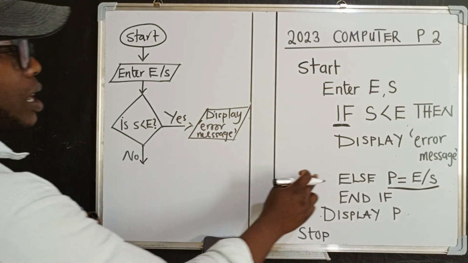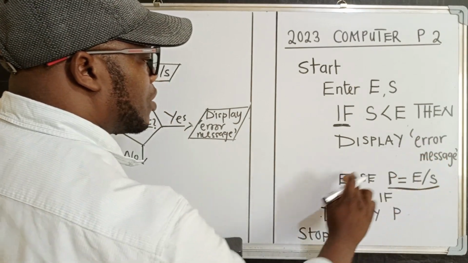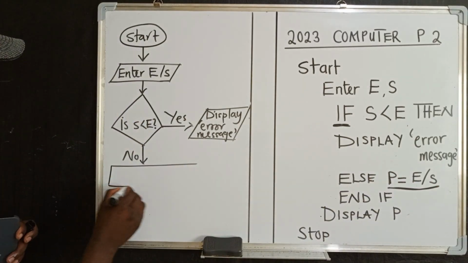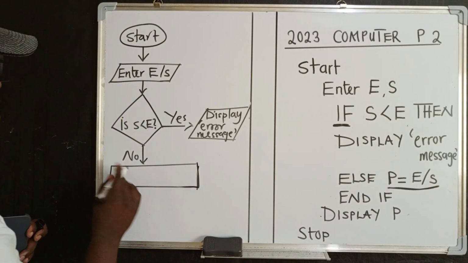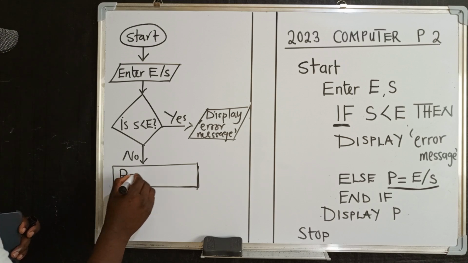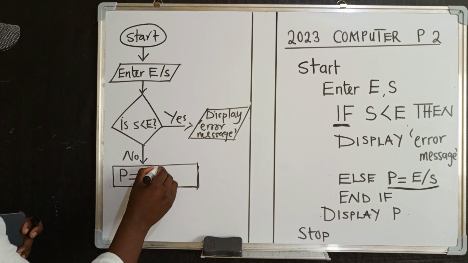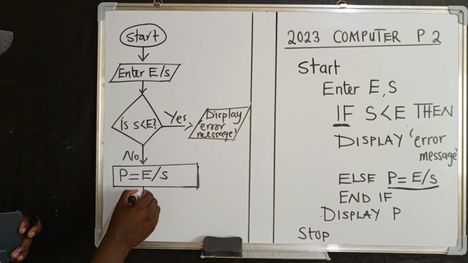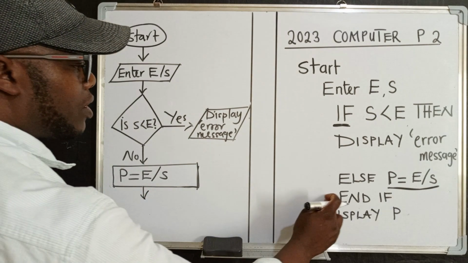And then from here, display error message, you come to else. Okay? Remember, there is a formula here. So whenever you see a formula, you're supposed to use a rectangle. This is a rectangle. So it will be P is equal to E slash or over S. And then here is end if.